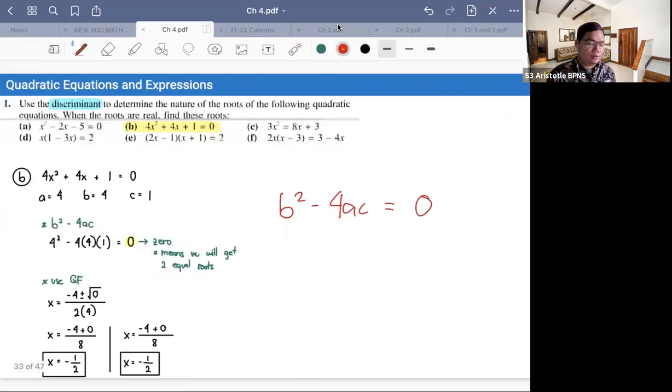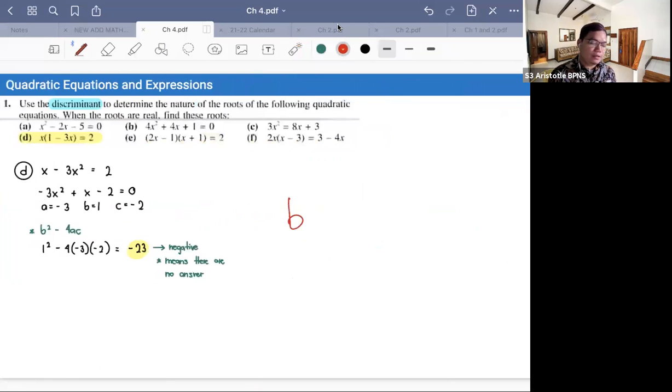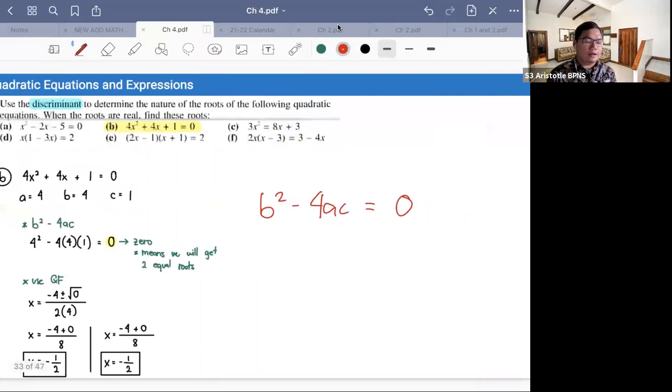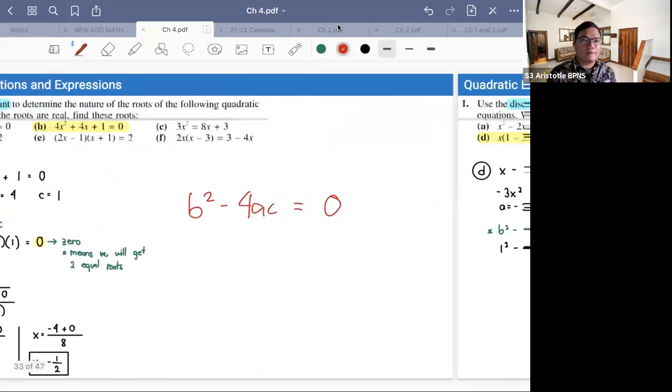And then jumping to letter D, your discriminant b squared minus 4ac is less than 0 because it's negative. So those are the important things that you need to learn today about finding the roots of quadratic equations. Do you guys have any other questions?